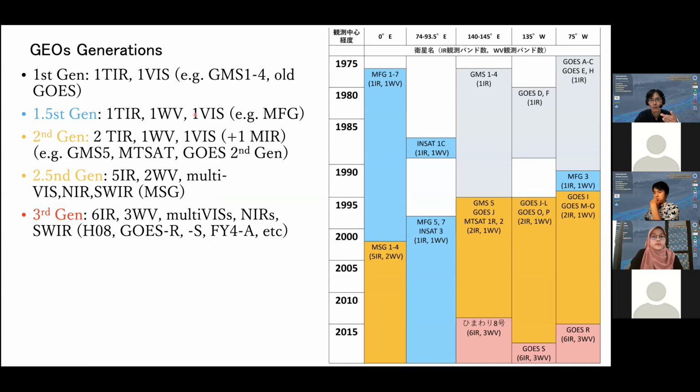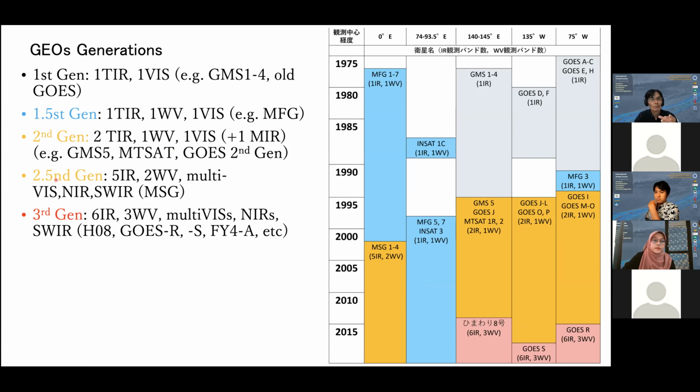The second generation, so-called GMS5 or GOES second generation, Meteosat and MTSAT series, has 2 thermal infrared, 1 water vapor, and 1 visible wavelength.